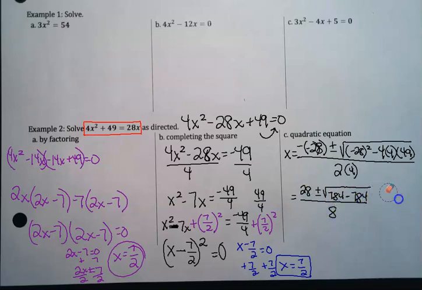Always make that line a little too long so I can have some space. All right, so that's going to equal 28 plus or minus 0, right? Divided by 8. 28 over 8, they both can be divided by 4. 8 divided by 4 is 2. 28 divided by 4 is 7. So x equals 7 over 2.